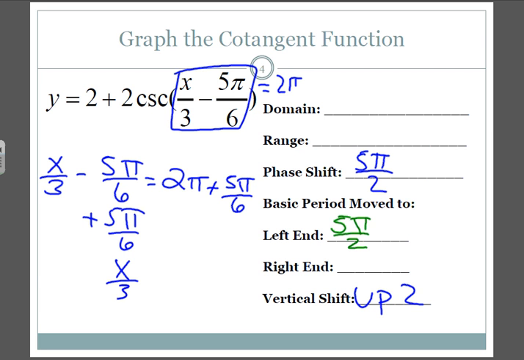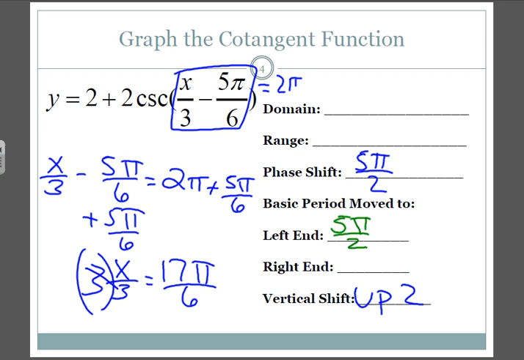I get x over 3 is equal to 17 pi over 6.